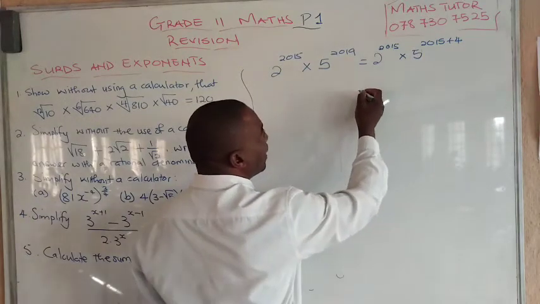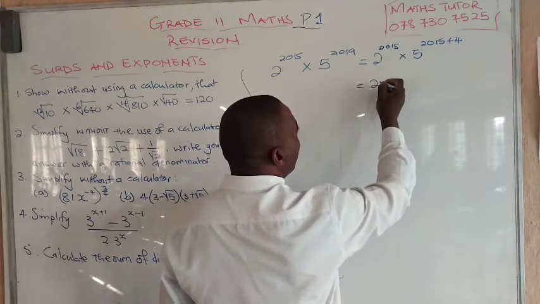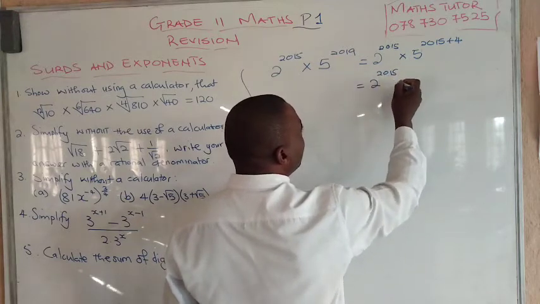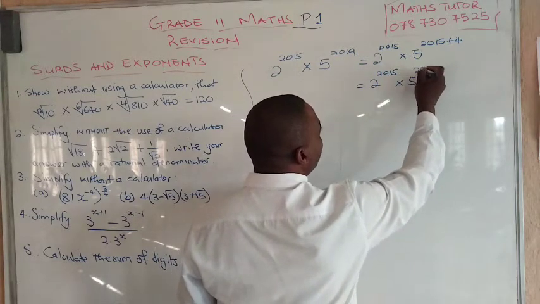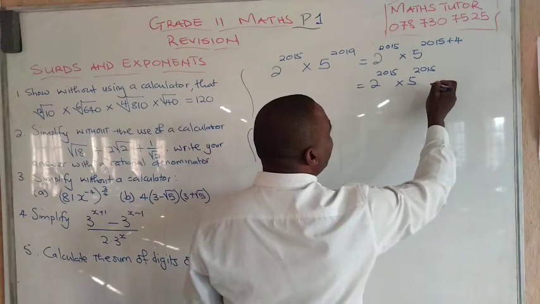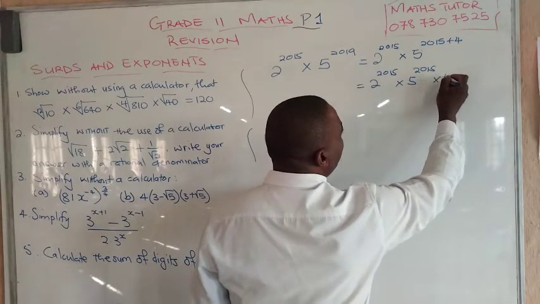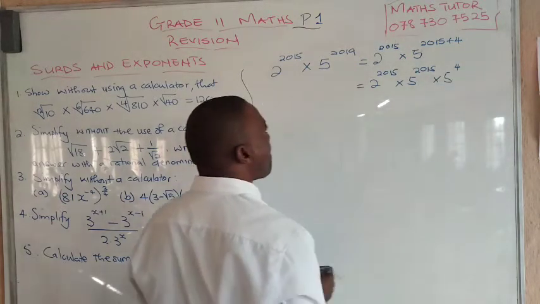So this would mean that it's 2 to the power 2015 times 5 to the power 2015 times 5 to the power 4.